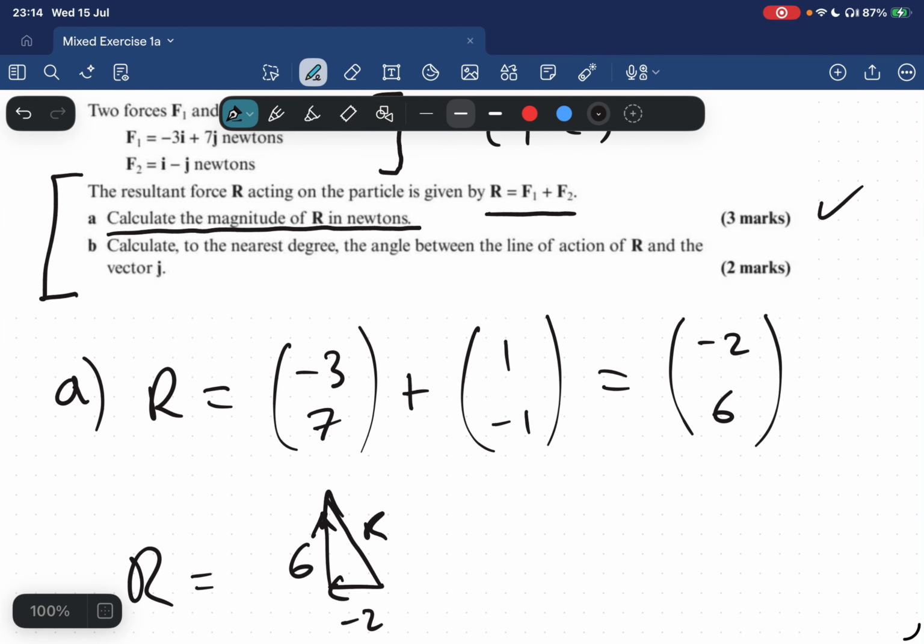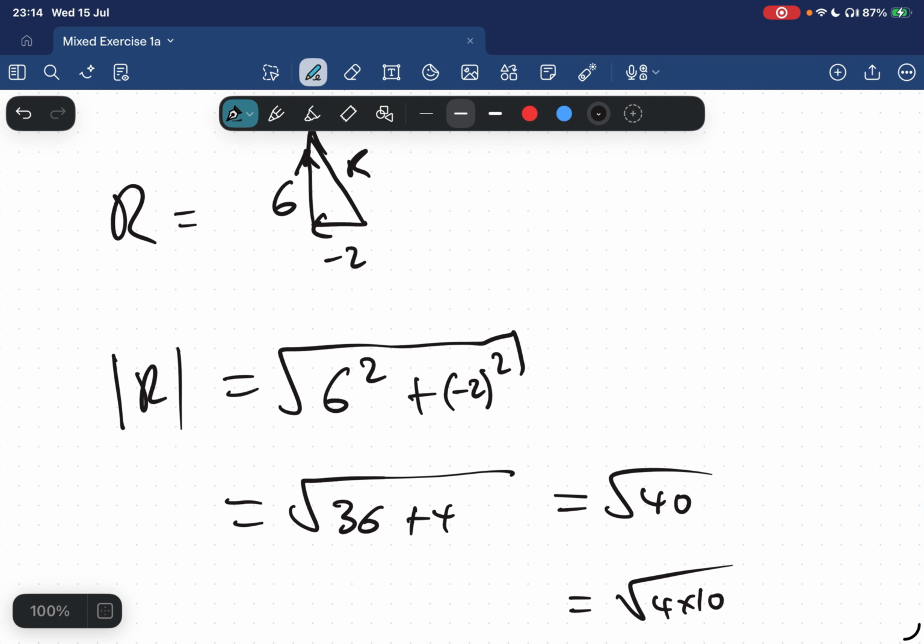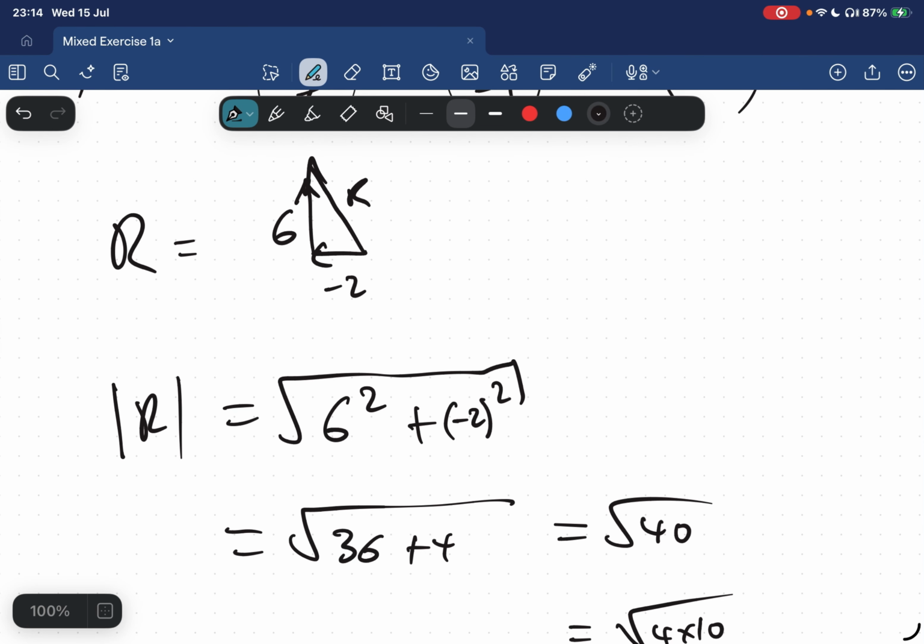Next, calculate to the nearest degree the angle between the line of action of R and the vector J. Lots of strange wording here: line of action of R. What does all of this mean?